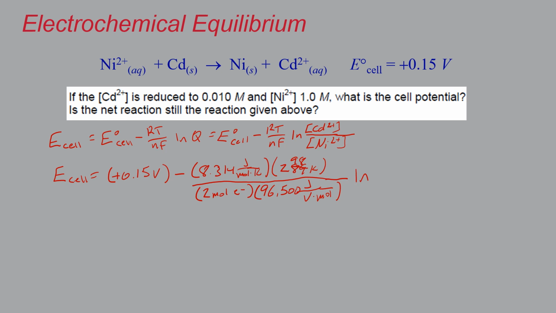And that's going to be times the natural log of the cadmium concentration, which we said was going to be 0.01 molar at this point, divided by the nickel concentration, which is 1 molar.